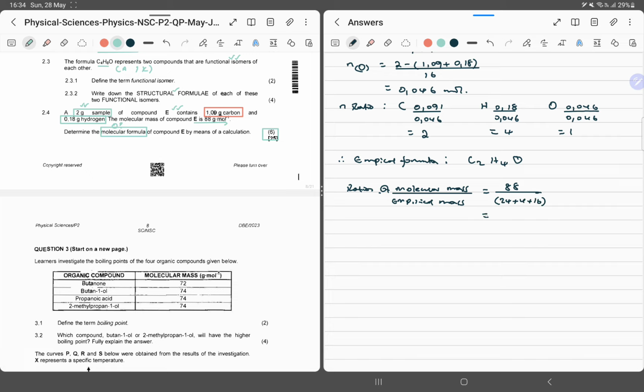So let's see what we get. So 88 divided by 24 plus 4 plus 16, it gives us a 2.